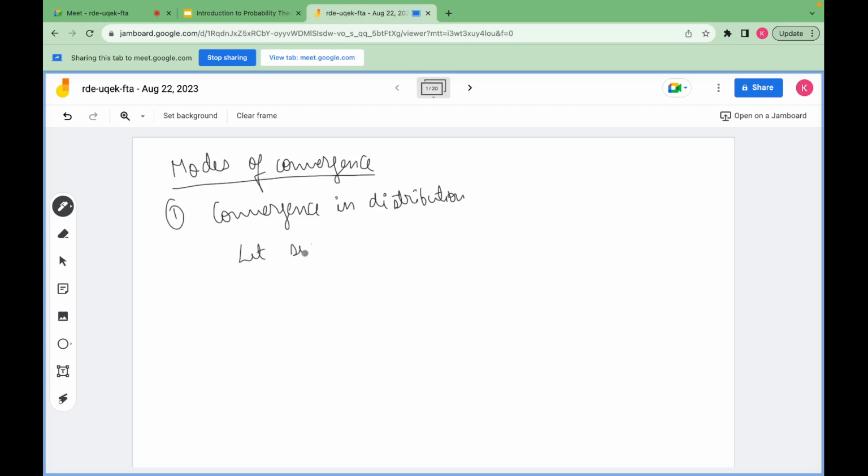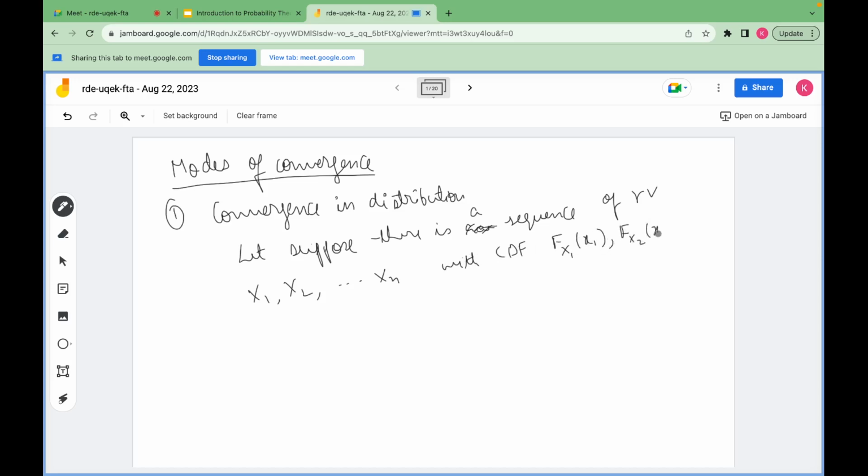Let's suppose there is a sequence of random variables X1, X2, till Xn, with CDFs F_X1, F_X2, similarly F_Xn.